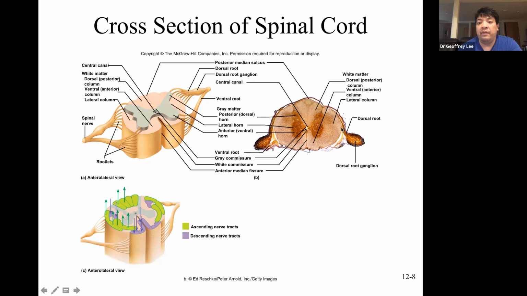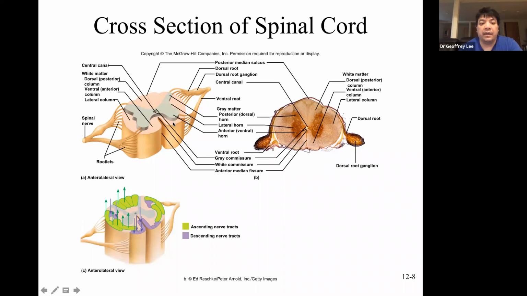I mean, it's millimeters outside the spinal cord, right? Very, very close to the spinal cord, but it's not in the spinal cord. If it's in the spinal cord, we call it a nucleus, right? Again, clusters of cell bodies outside the spinal cord are called ganglia. Clusters of cell bodies inside the spinal cord are called a nucleus.